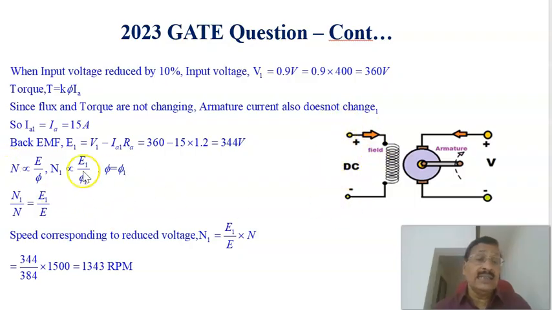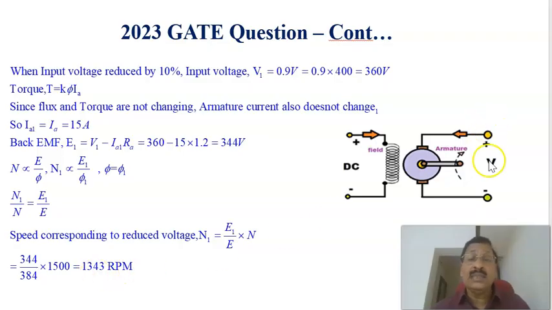Therefore, the equation reduces to N1 by N equals E1 by E, where N1 is the speed of the motor when the voltage is reduced by 10%. So N1 equals E1 by E into N, which is 344 divided by 384, the value already calculated for the rated speed, into the rated speed 1500, and we get 1343 rpm.